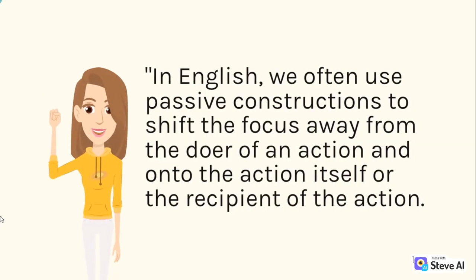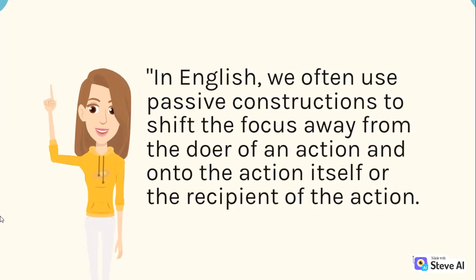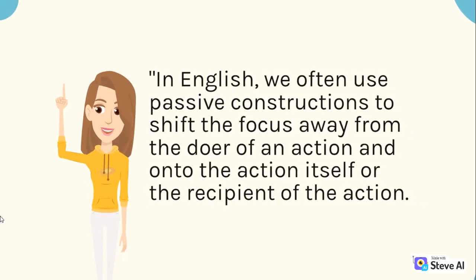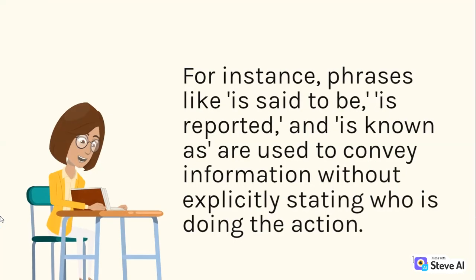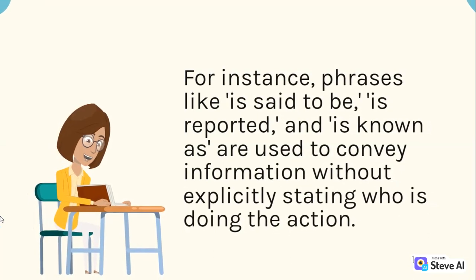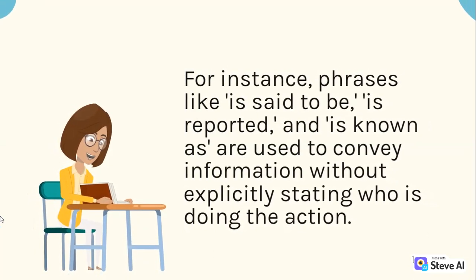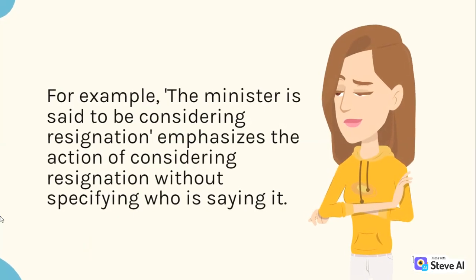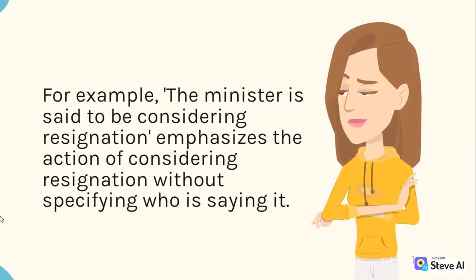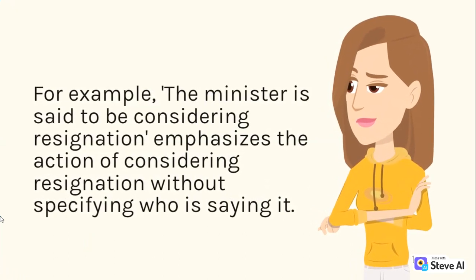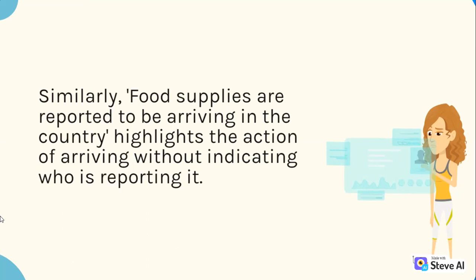In English, we often use passive constructions to shift the focus away from the doer of an action and onto the action itself or the recipient of the action. For instance, phrases like "is said to be," "is reported," and "is known as" are used to convey information without explicitly stating who is doing the action. For example, "the minister is said to be considering resignation" emphasizes the action of considering resignation without specifying who is saying it.